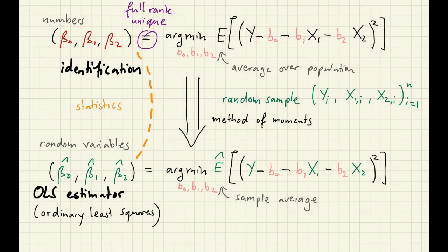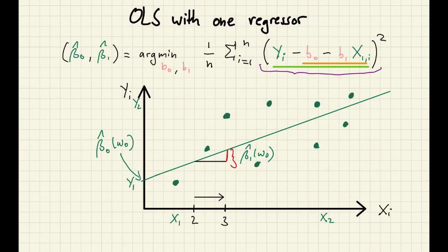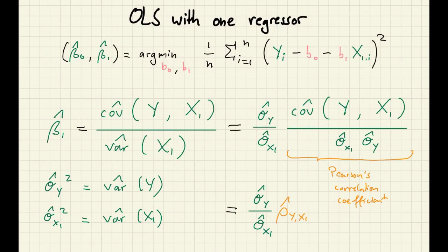How well this works is something that we'll discuss when we discuss the statistical properties of the OLS estimator. We'll never have to implement this recipe ourselves. We have statistical software to do that. Still, for the special case of OLS with one regressor, I gave you some graphical intuition of how this recipe works. Also, for the case of OLS with one regressor, I explained that the slope coefficient beta 1 hat is a way of measuring a correlation.